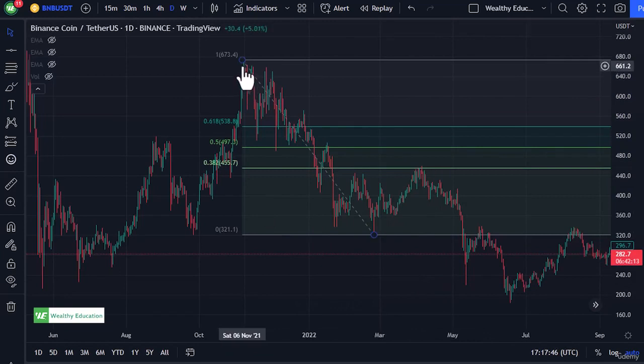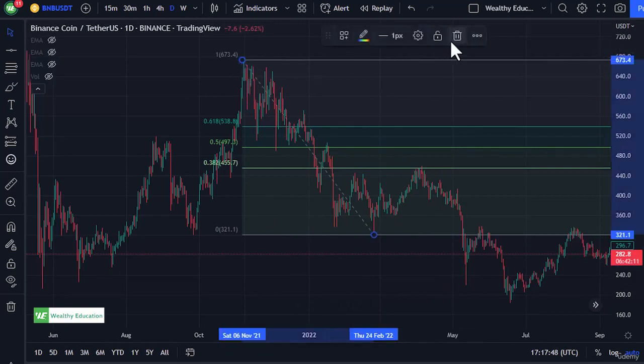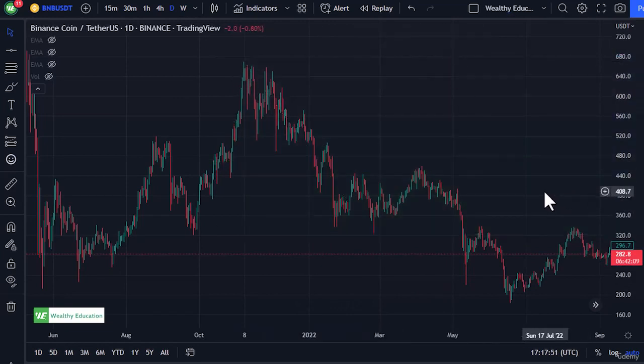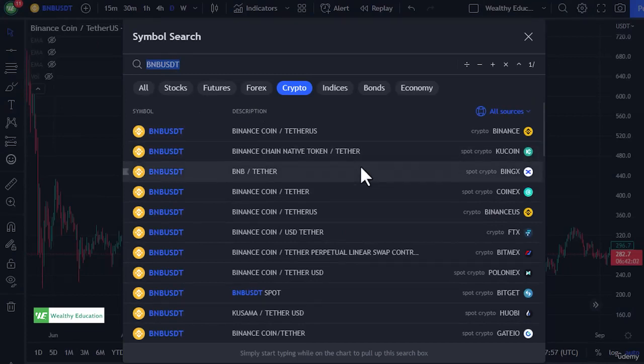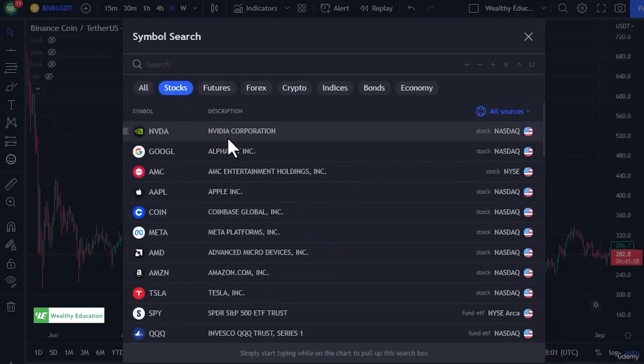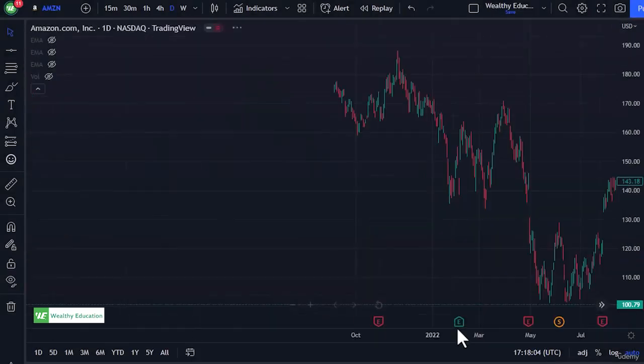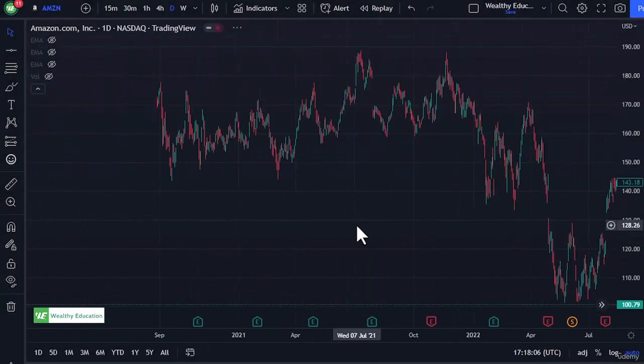So you can use a tool like that. And like I said, we'll go into Fibonacci next video quite a bit more. But really, it comes down to support and resistance more than anything else. You have to let it guide you in order to take advantage of buys and sells.